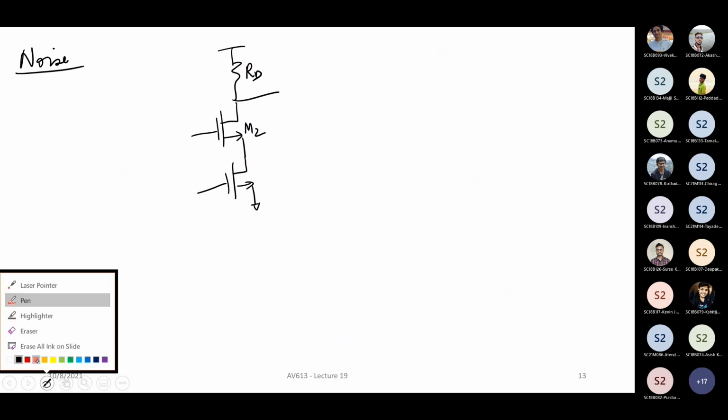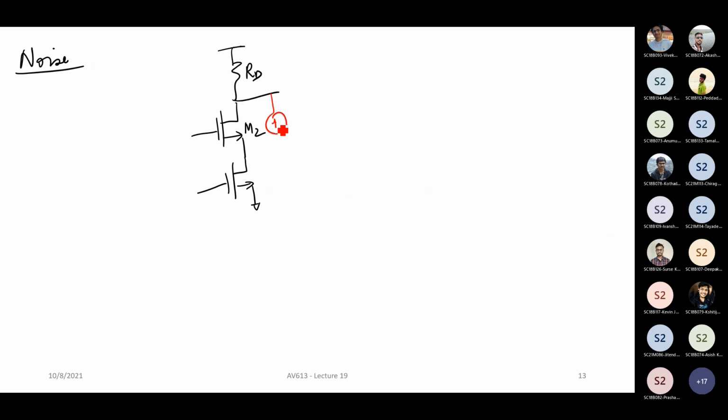If you look at the noise current of M2, 4kTγGM2, here again you have a very interesting phenomenon. What is that phenomenon? This current, when it comes here, is going to see a current division, right? At the bottom you have R01. Looking up, you have 1 by GM2.